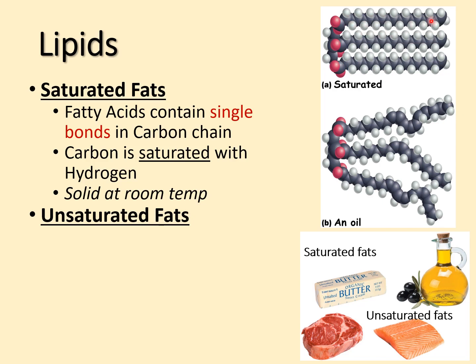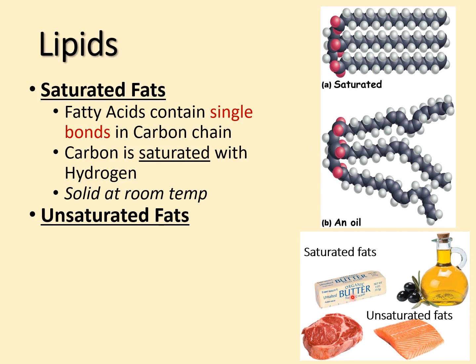So saturated fats are fatty acids with just a single bond in the carbon chain. Okay, so they are essentially kind of these straight fatty acids, right? So they're single bonded, they can kind of stack together, and the saturated part means that they're attached to as many hydrogens as possible.